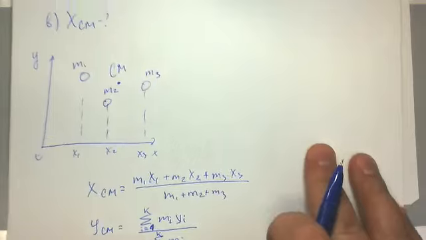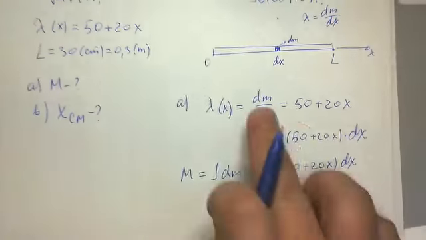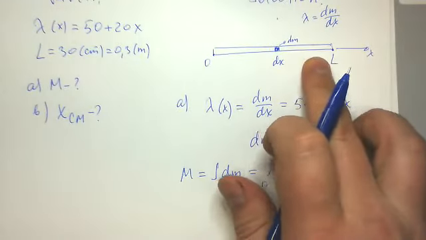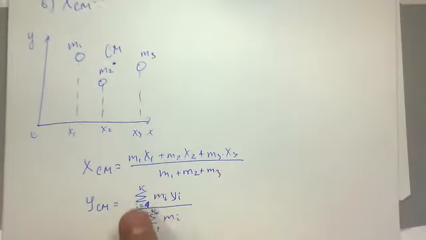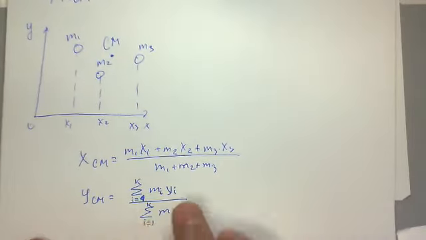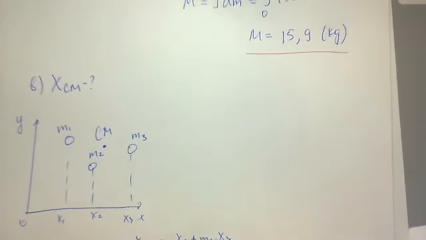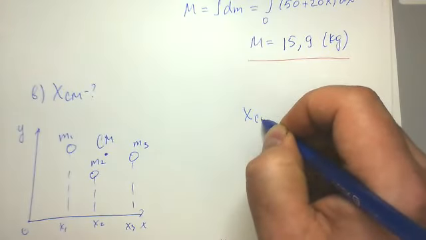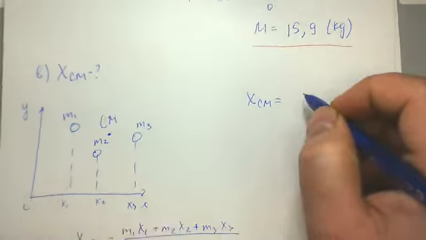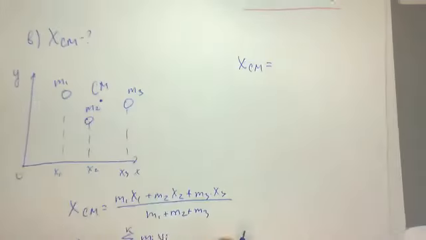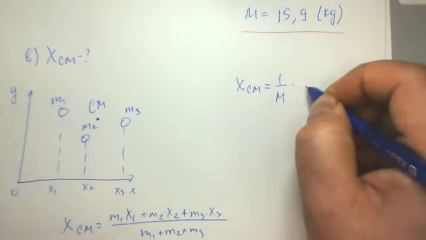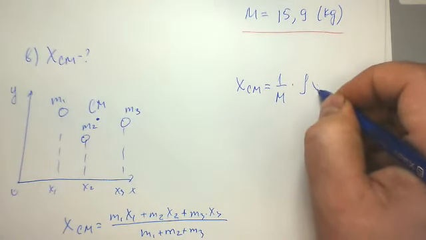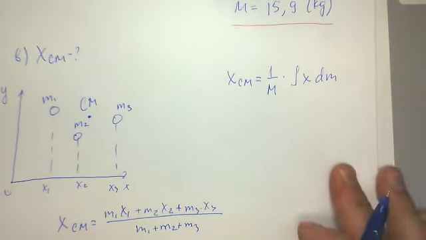But if you have a rigid object, like here, a solid object, it means that there is an infinite number of small particles. You can replace the sum with the integration process. So now the coordinate of the center of mass of the rigid object is equal to 1 over m, the total mass of the rigid object, times the integral of x dm.